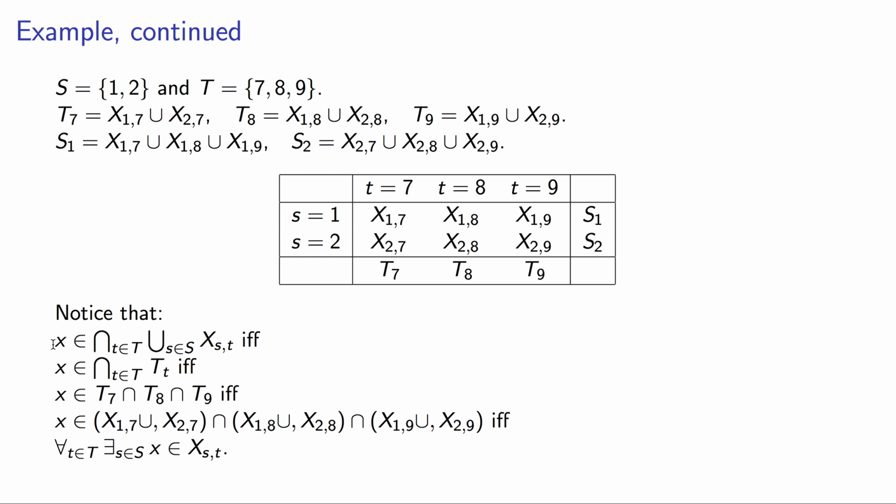So please notice we established that X is a member of the intersection of unions of X sub ST if and only if for every T in capital T there exists S in capital S such that X is a member of the X sub ST. Notice that the intersection corresponds in some way to the universal quantifier.